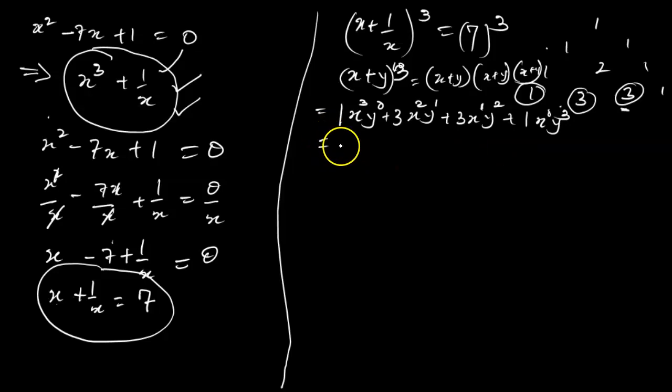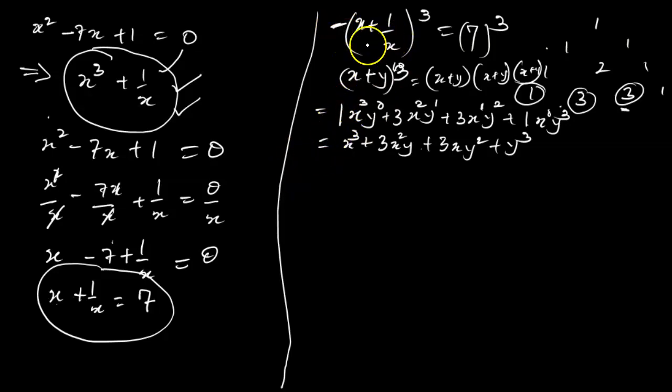So the final expansion becomes x raised to power 3, plus 3x squared y, plus 3xy squared, plus y raised to power 3. We'll use this same expression to solve this question.